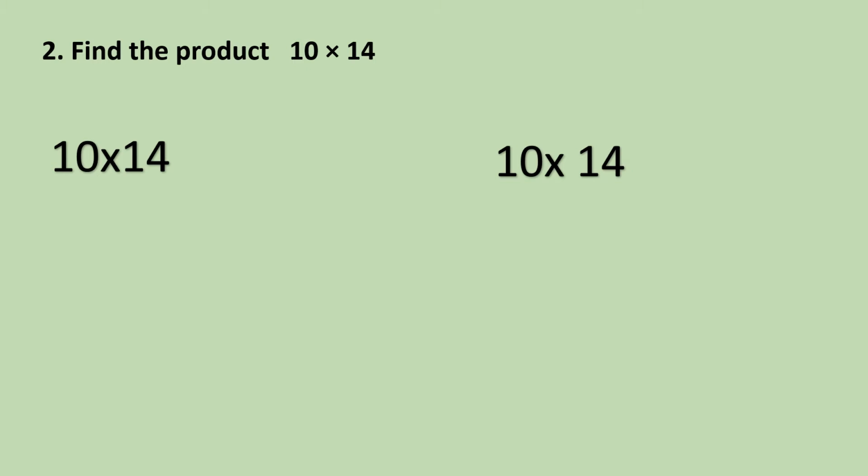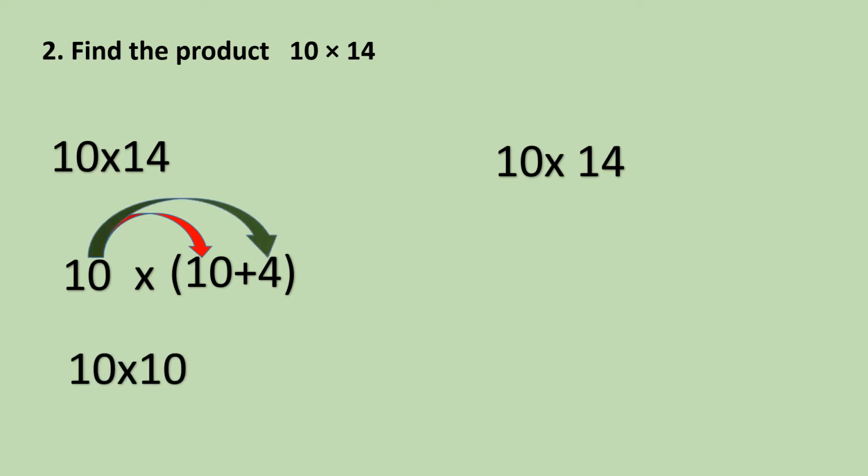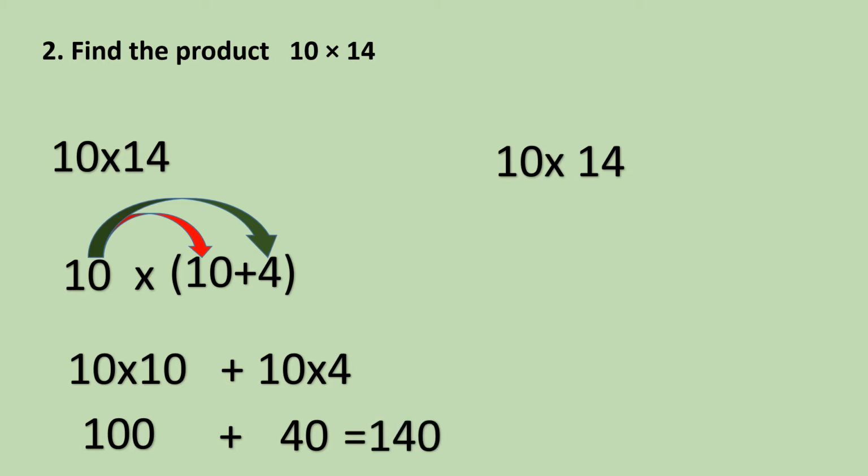Find the product of 10 times 14. Actually, I'm going to solve that by two methods, and then you're going to decide which one is better for you. Now, the first way: when you multiply 10 times 14, you keep 10 as it is and break 14 as usual, so it will be 10 plus 4. And then you multiply 10 by the first number plus 10 times the second number, and get the product of that, 100, plus the product of the second part, 40, and just add them together to get the answer 140.